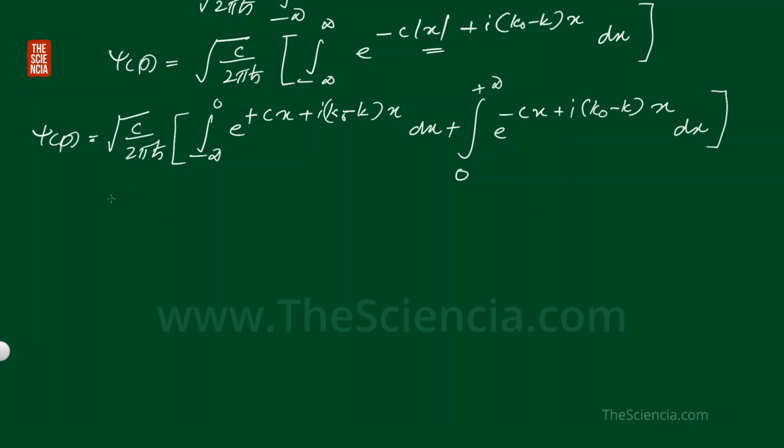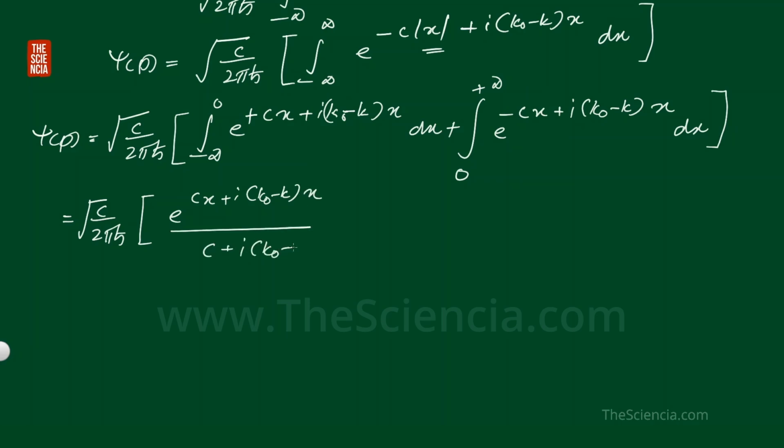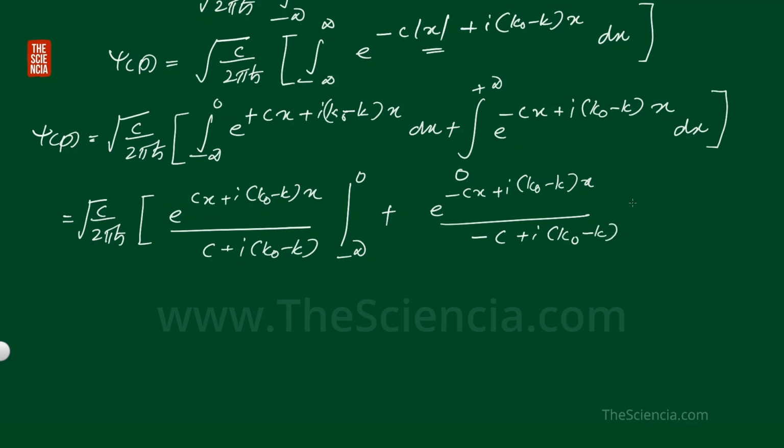Now we can perform these integrals, that is equal to root c by root 2 pi h cross integral of this term, that is e raised to cx plus i k0 minus k x by c plus i k0 minus k, limit from minus infinity to 0, plus integral of this term is e raised to minus cx plus i k0 minus k into x by minus c plus i k0 minus k, and the limit is 0 to infinity.